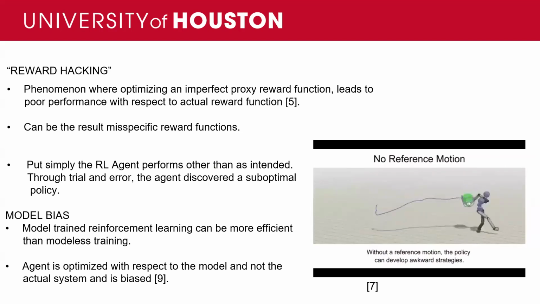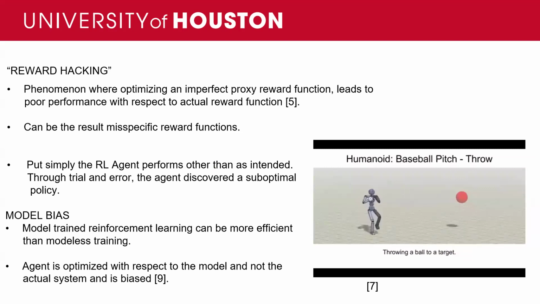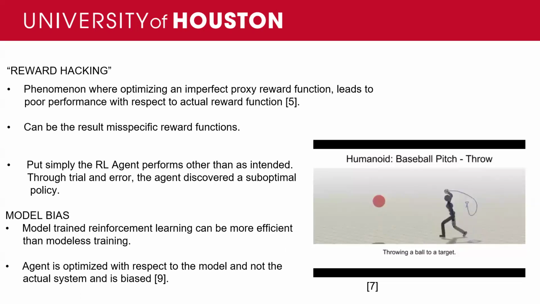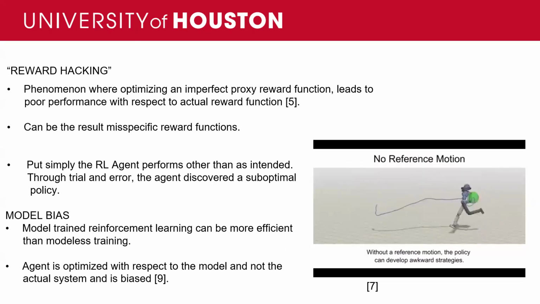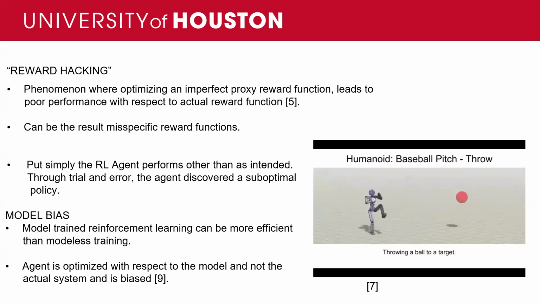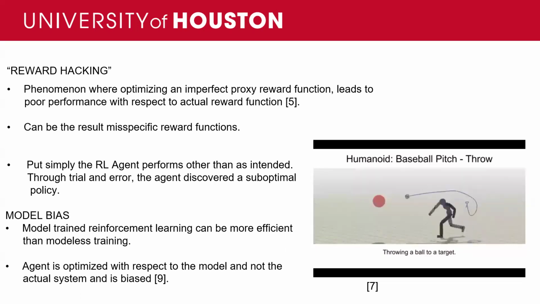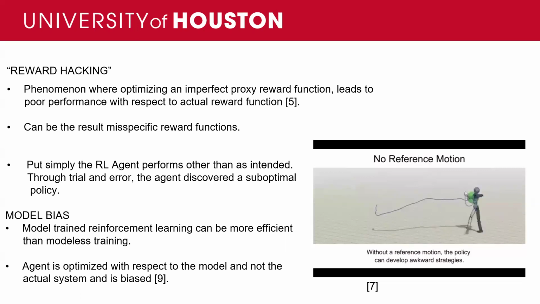If you're training RL agents on a model, if the model's close enough or your RL agents are flexible enough, there are few issues when you move on to the actual real-world system. But again, you do have an agent that is optimized with respect to the model and not the actual system.